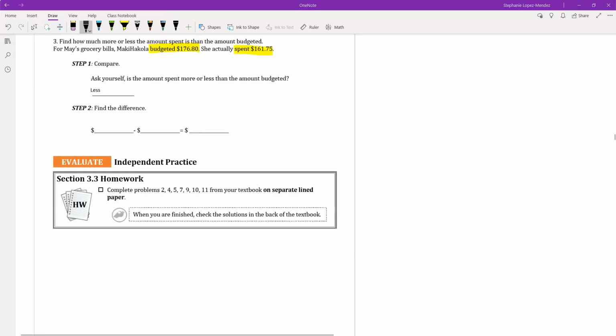Now on step 2, we need our budgeted amount first. Okay, so that is what we are going to be writing right here. 176.80 minus what we actually spent. Okay, so that is 161.75.